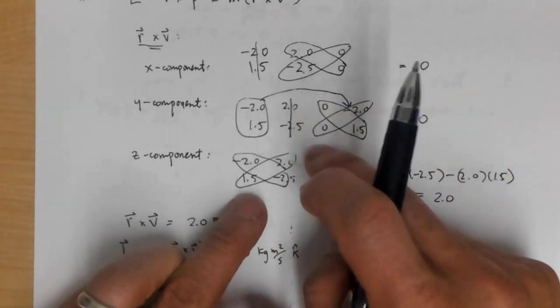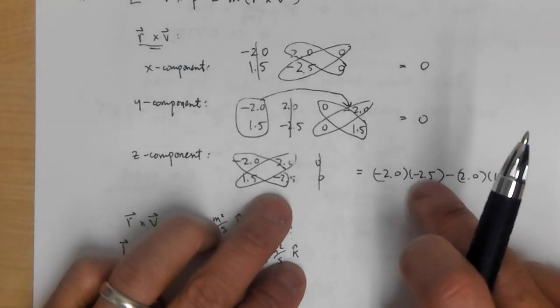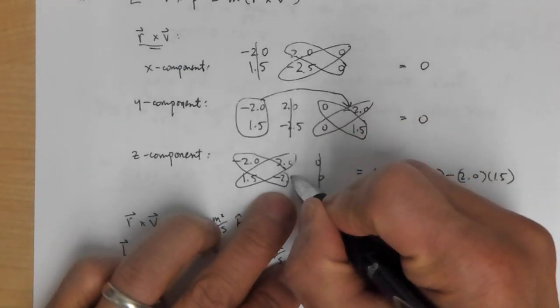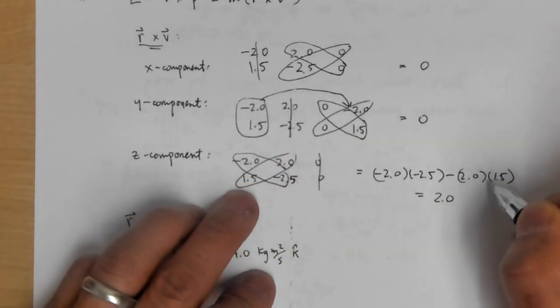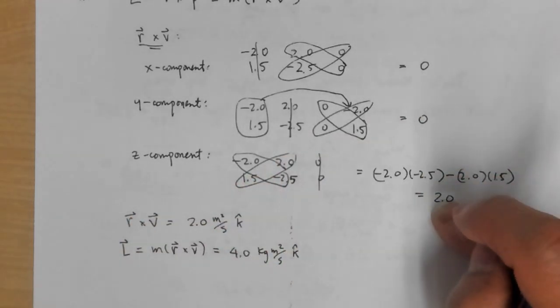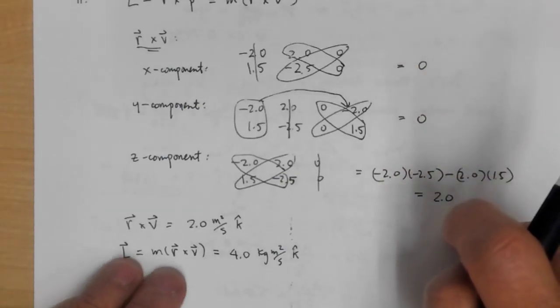Now finally you cross off the Z column, and you take the product of the diagonals, negative 2.0 times negative 2.5, minus the product of the off diagonals, 2.0 times 1.5, that comes out to 2.0. So that means we have 0, 0, 2.0.